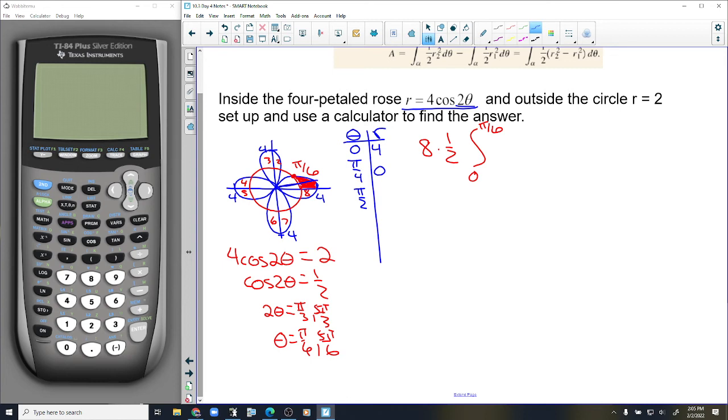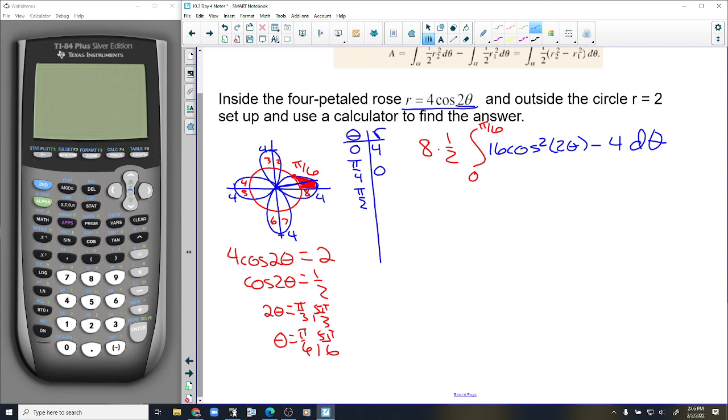So all of the rose minus the circle. And don't forget to square it. It's always squared. That's why we have a 4 at the end, not a 2. All right, there you go. There it is set up. Using lots of symmetry on that one. Using lots of it. Any questions on setting up that one?